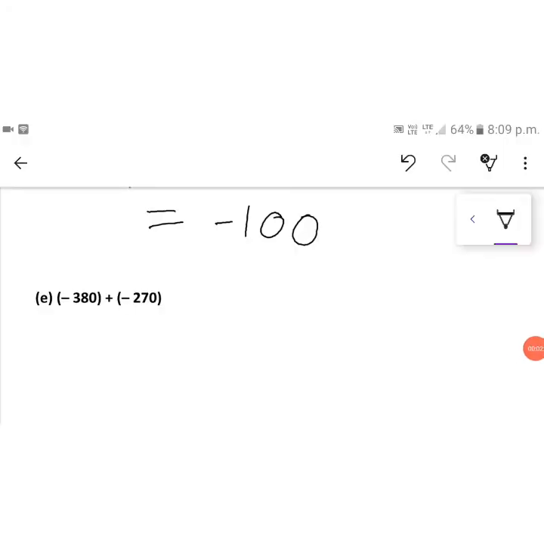Let's see E part. Minus 380 plus minus 270. If the two numbers have the same sign, then add the two numbers and give the same sign. Minus 380 minus 270. So add these two numbers, 380 and 270.